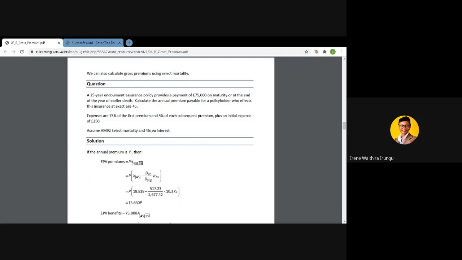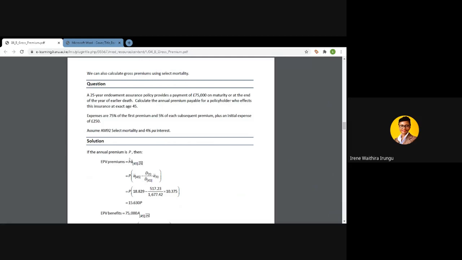Therefore, the EPV of my premiums will be P, again to denote the premiums, ä[45]:25. It is the age of the policyholder that is usually select.